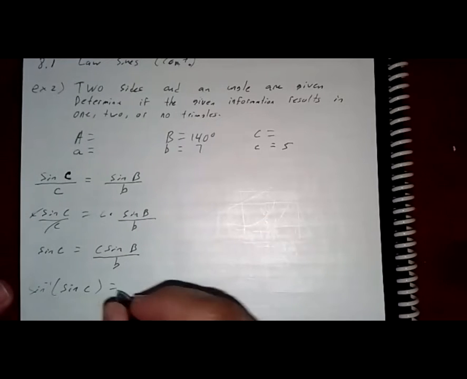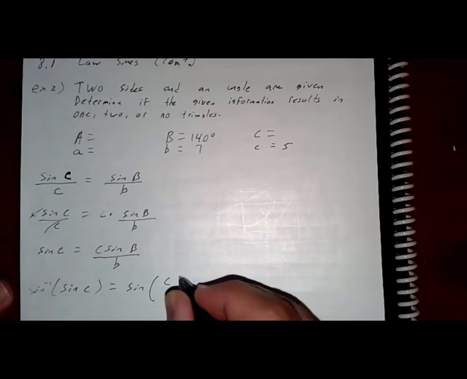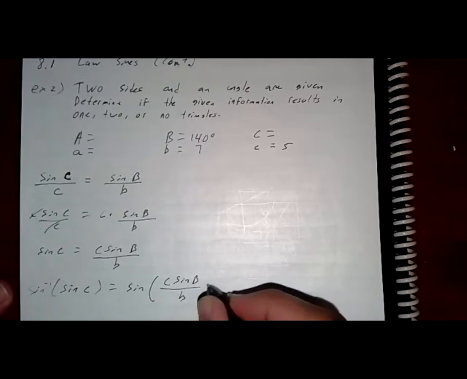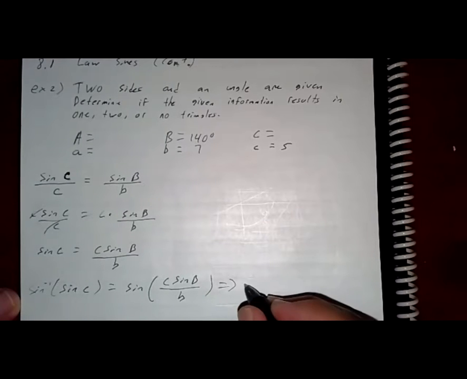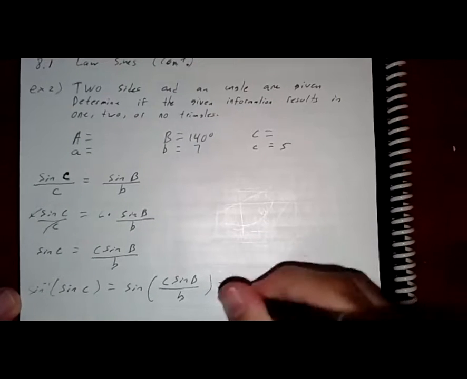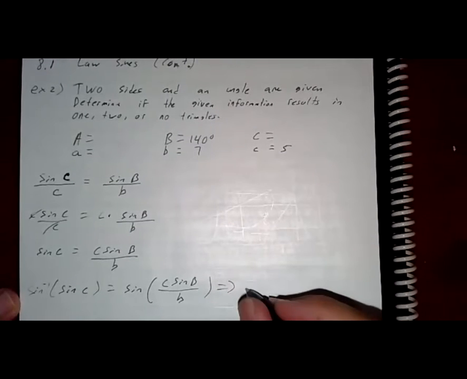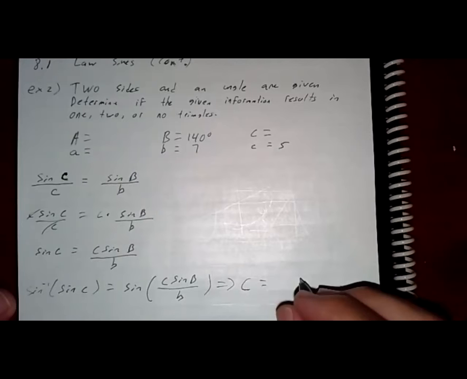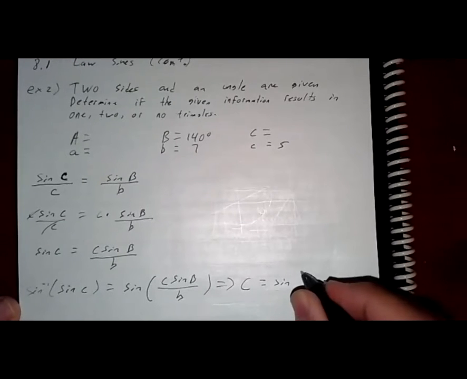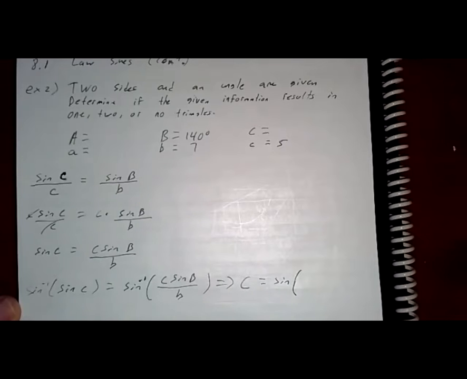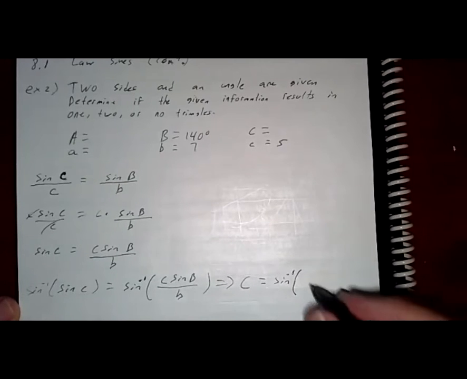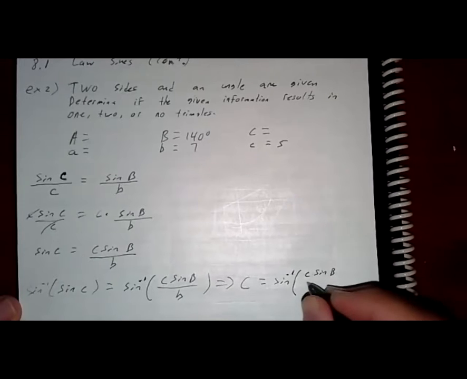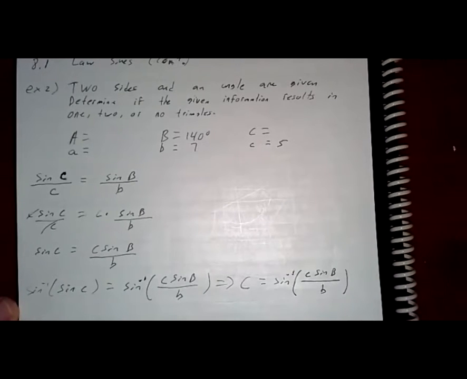So sine inverse of both sides to solve for C. So that implies that C, capital C, is equal to sine inverse of c sine B over little b, right?